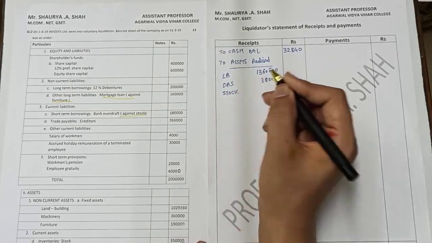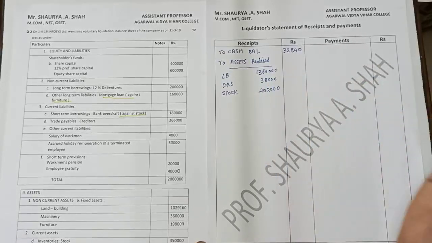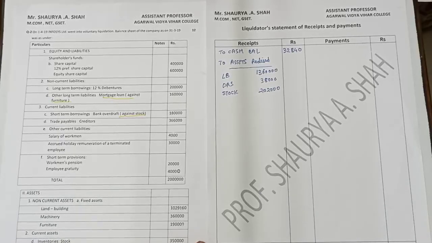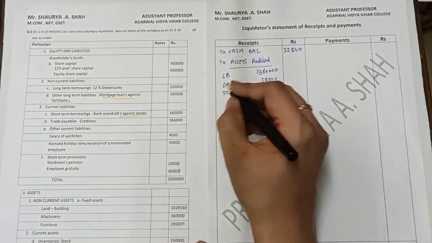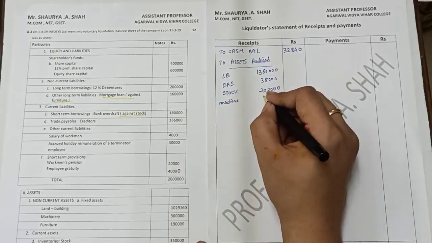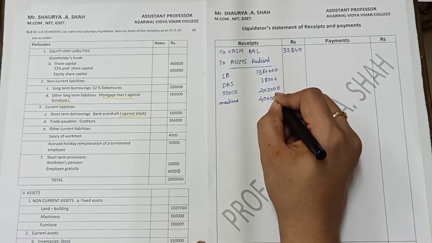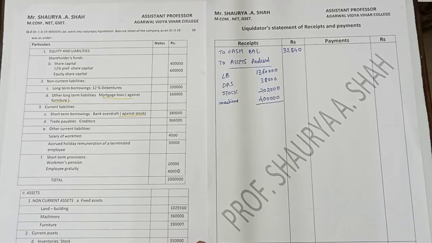Stock is 2,02,000 rupees, students. And the last is your machinery. Machinery is 4 lakh rupees. So whatever they had said in the question, I have written down every value.